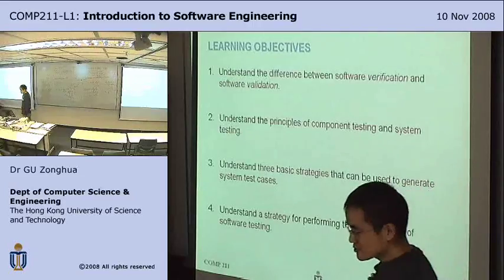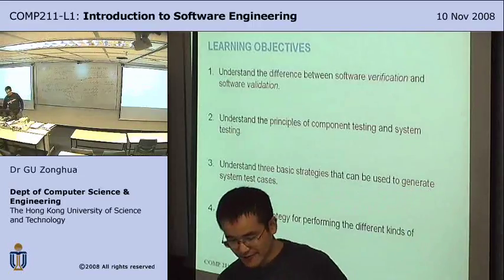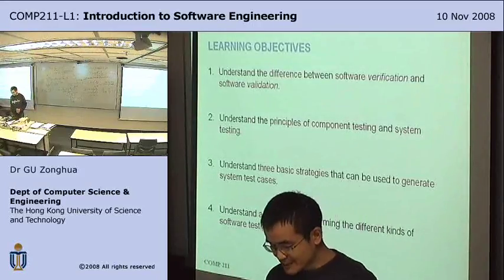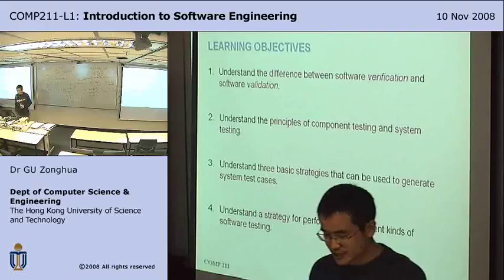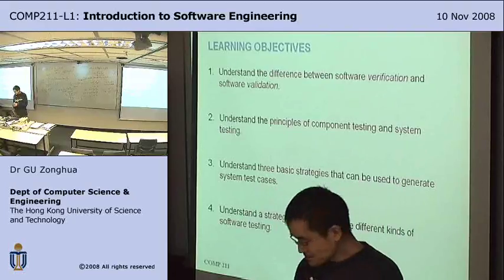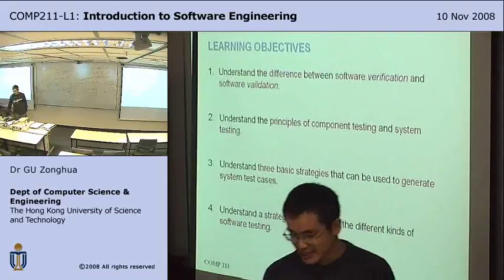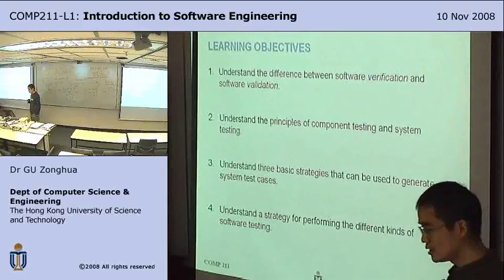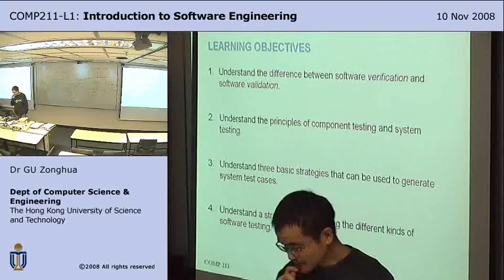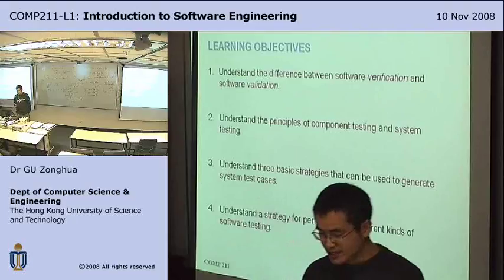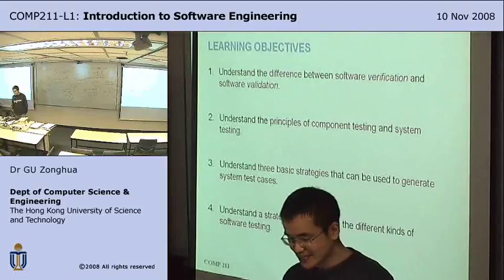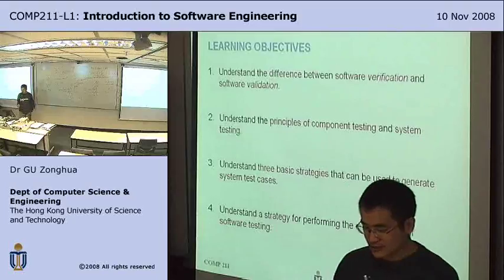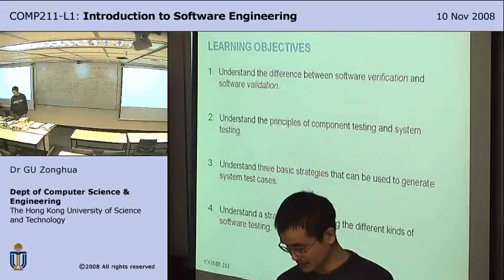Oftentimes, people use the two words in a vague manner. So there's actually a difference. Understand the principles of component testing and system testing. Component testing is testing at the small scale, and system testing is testing at the larger architectural scale. Understand the basic strategies that can be used to generate system test cases, and understand the strategy for performing the different kinds of software testing.